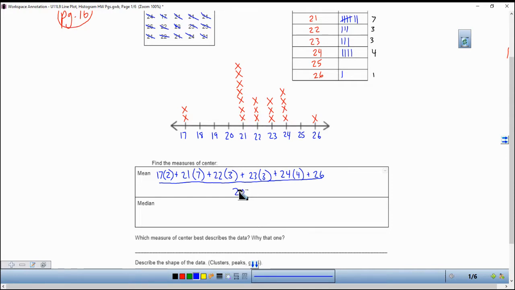That whole thing, we're going to divide by 20. When you add it up, it's going to be 438. That's how many total push-ups there were, divided equally among 20 people.